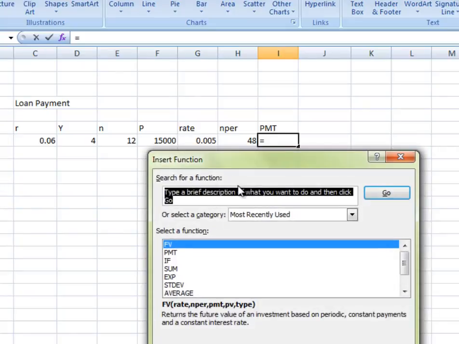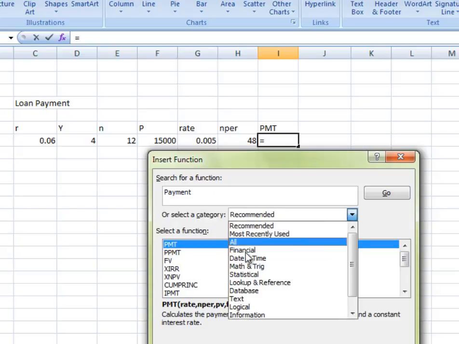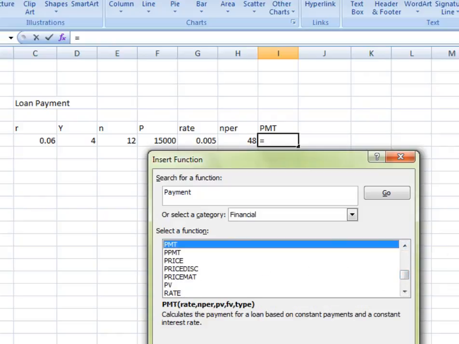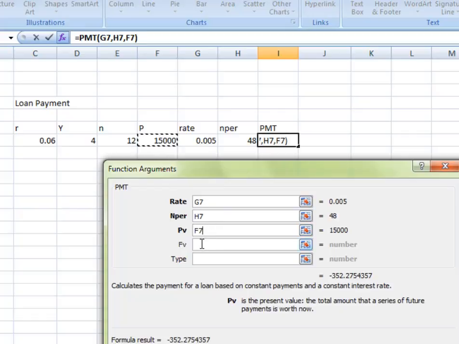So here we're going to find our payment. The formula it uses is, and you'll see there it is, PMT. Or you could go to financial and scroll all the way down to the payment formula, which is right there, and that's good. So it's going to have the same type of thing. You're going to have the rate, the number of periods, the principal value, the final value.